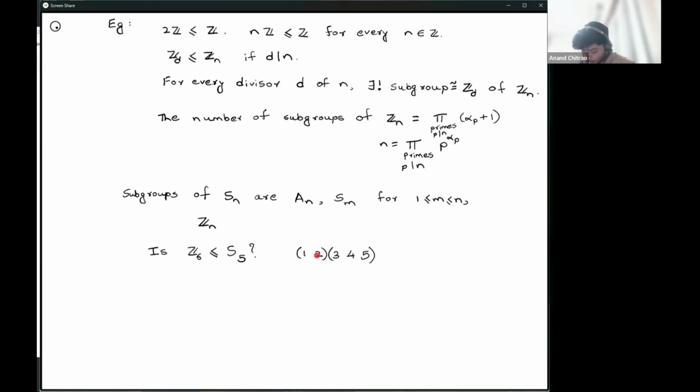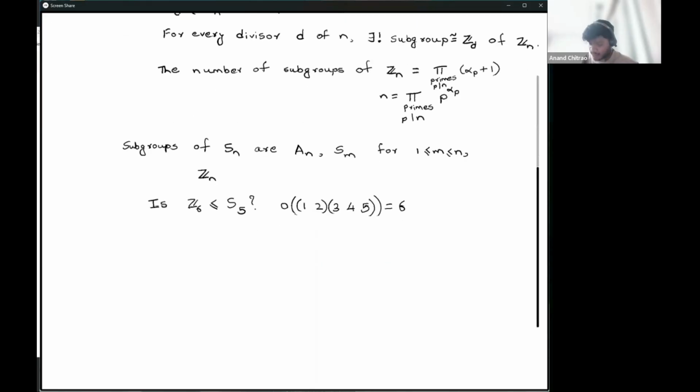The order of (1 2) is 2. The order of (3 4 5) is 3. The LCM of 2 and 3 is 6. That says (1 2)(3 4 5) has order 6. So if one takes the cyclic subgroup generated by this element, that subgroup is isomorphic to Z6. Okay?